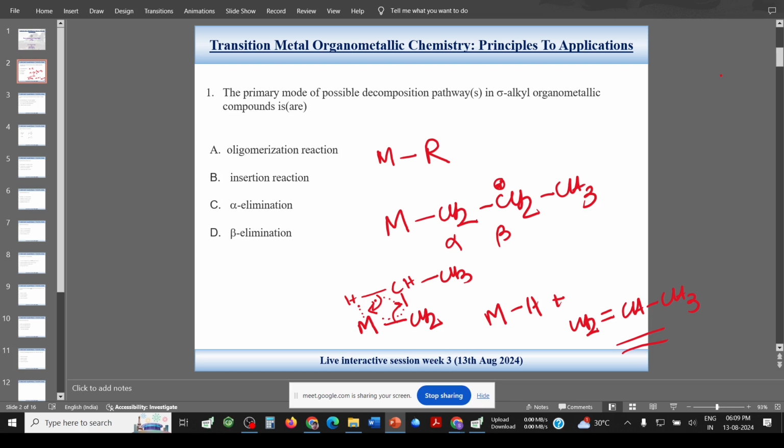This mode of reaction for metal alkyl complexes is very familiar.